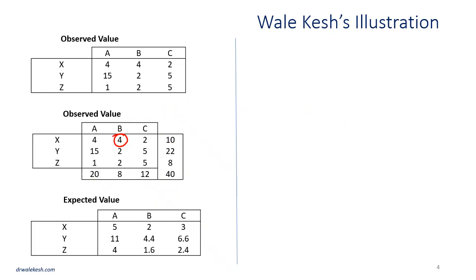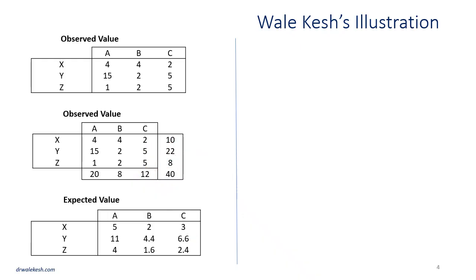For this, the total here against the total here, which is 10 times 8 all over 40. Then I expect you to get 2. You can keep on going on, but let's do one more. Let's say this. So that's 22 times 12 all over 40. So if you solve for it, I expect you to get 6.6.